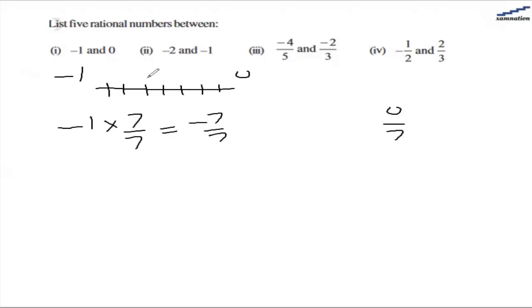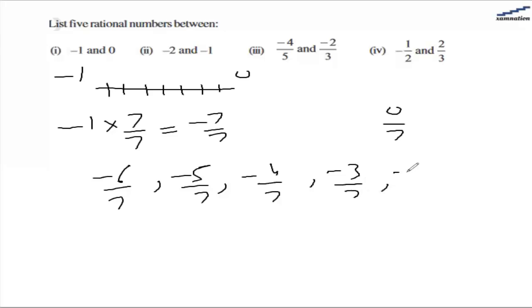So the five rational numbers between -1 and 0 will be, because if we are going to the right side, the numbers increase, moving towards 0, -6 by 7, -5 by 7, -4 by 7, -3 by 7, -2 by 7. So these are the five rational numbers between -1 and 0.